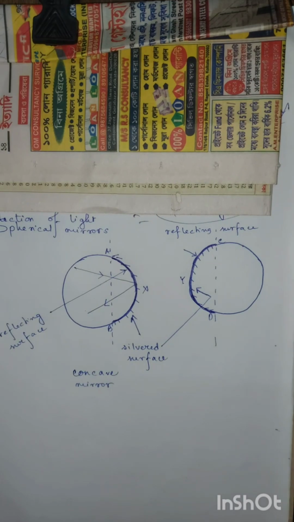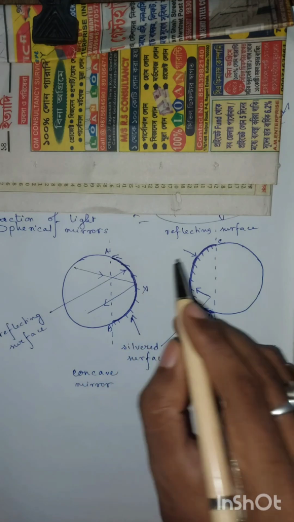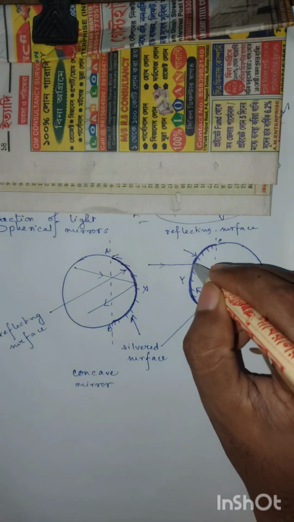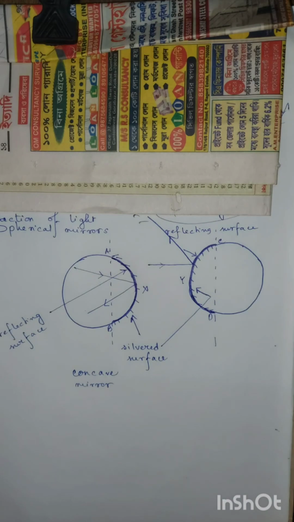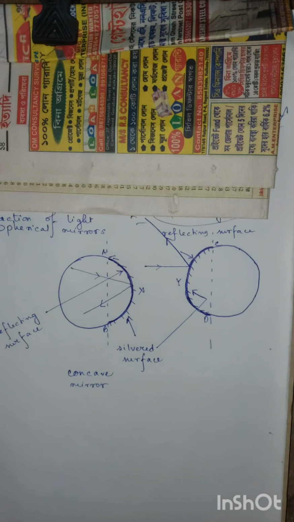Okay, so a light ray comes and gets reflected by this surface. Okay, the direction of the light ray is shown by the arrow.